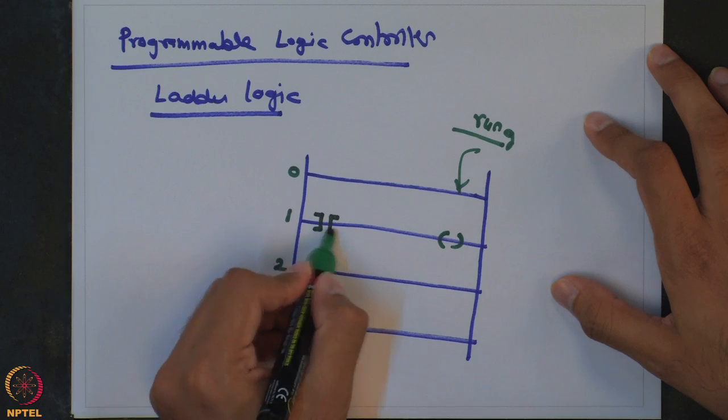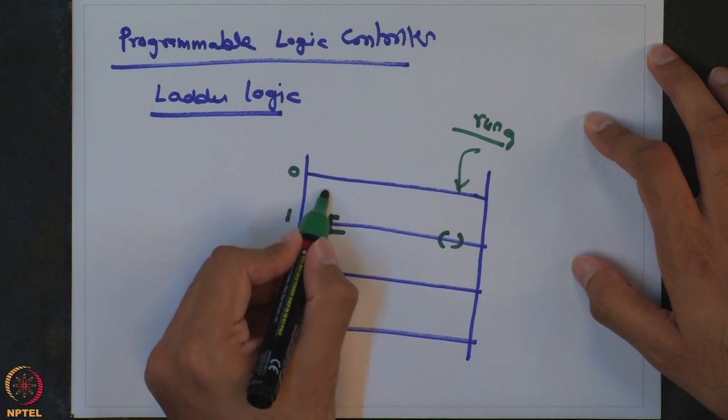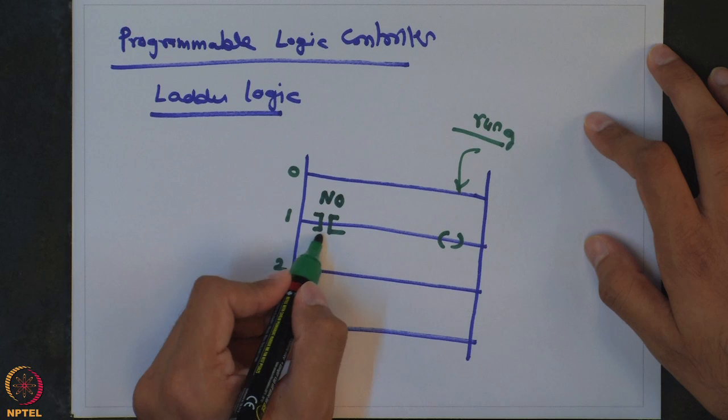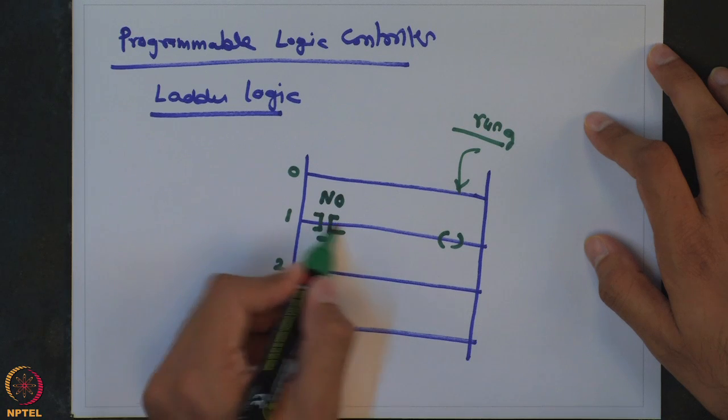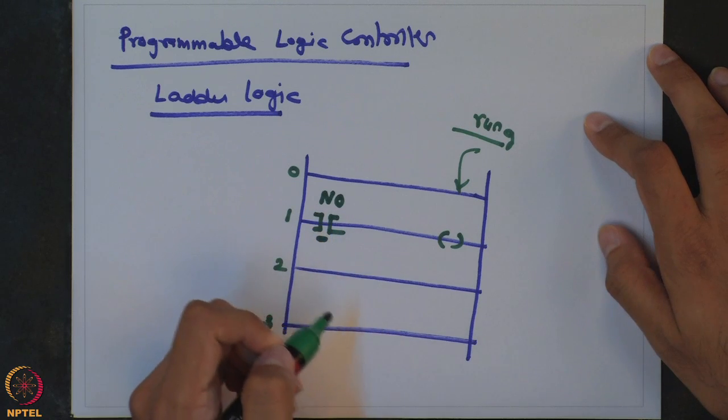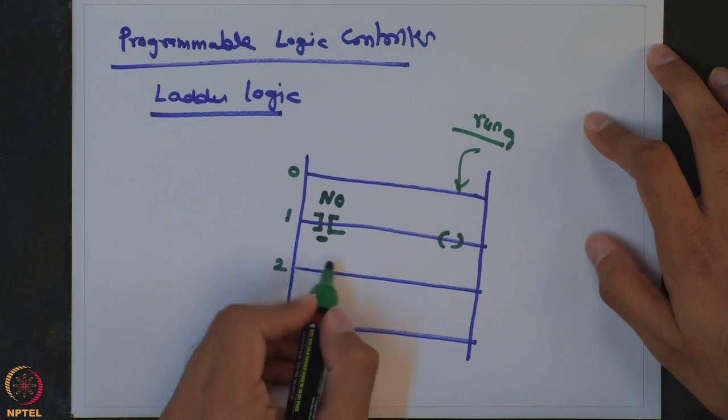One is known as a normally open contact, which means unless this particular variable becomes 1, this line will not get connected, this line will remain open for a binary variable value of 0.